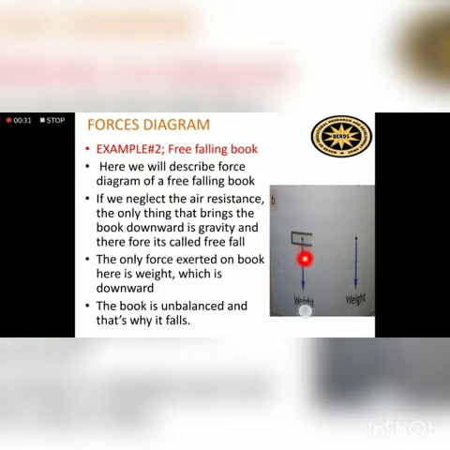So if we neglect the air resistance, the only thing that brings the book downward is gravity, and therefore it's called free fall. It's called free fall motion. The only force exerted on the book here is weight, which is downward, and the book is unbalanced, and that's why it falls. It means there is no other force involved here that may balance this weight. So this is the vector diagram or the force diagram of this free falling book.